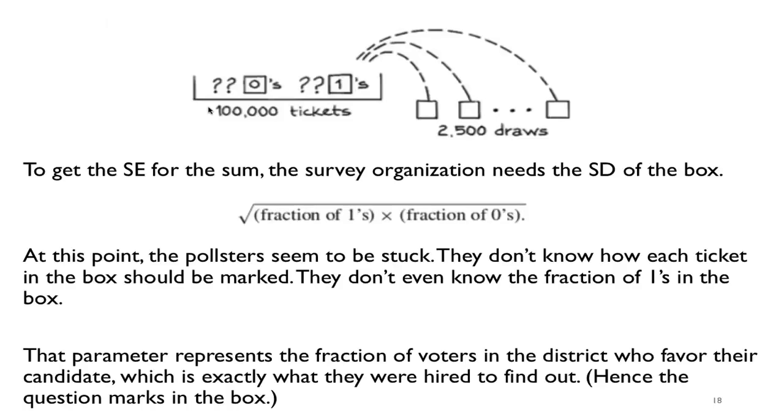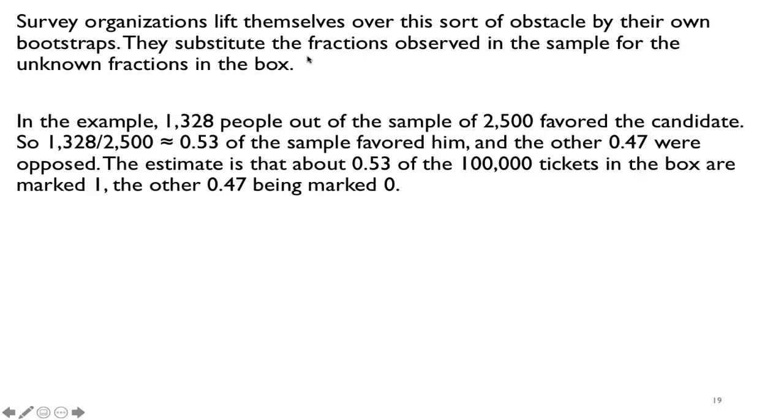So this seems kind of circular reasoning, right? Because we try to find out something about this box, and then we take some sample, but we need information about this box, so we use the sample that we found to estimate the information that we want to find out about the box. It seems kind of circular because isn't our sample supposed to be helping us understand the population, but it turns out to work okay in practice.